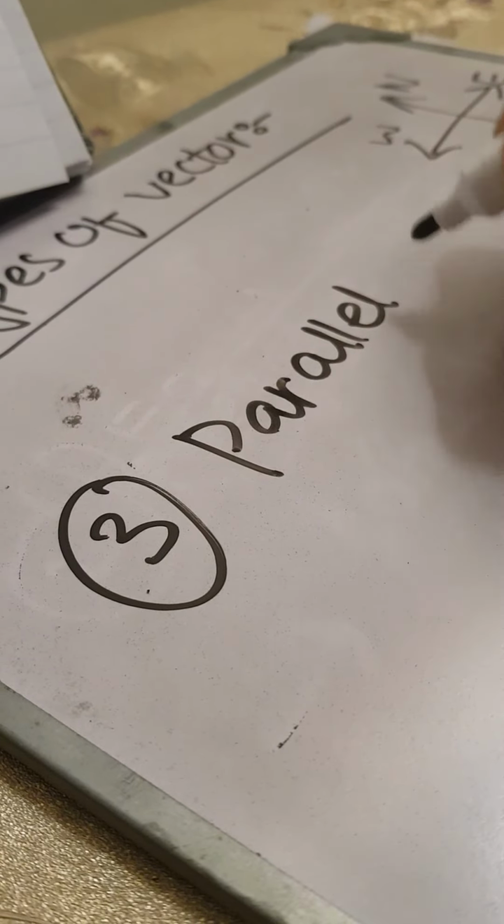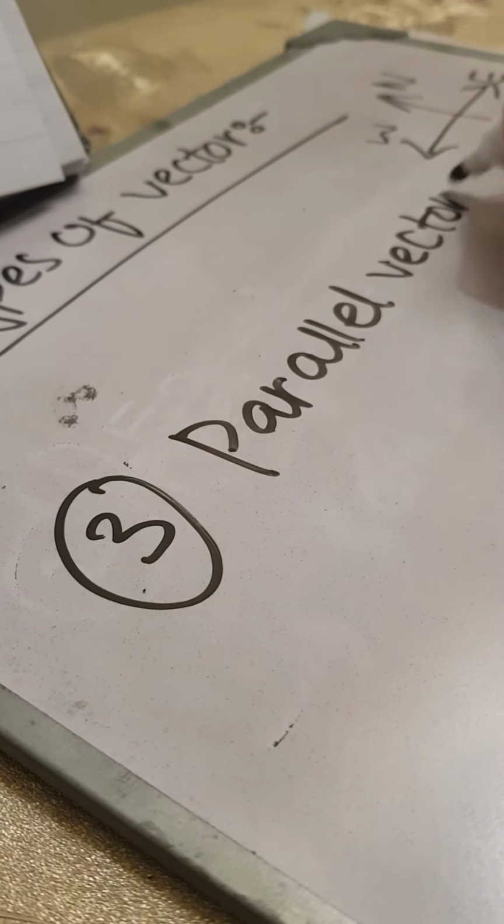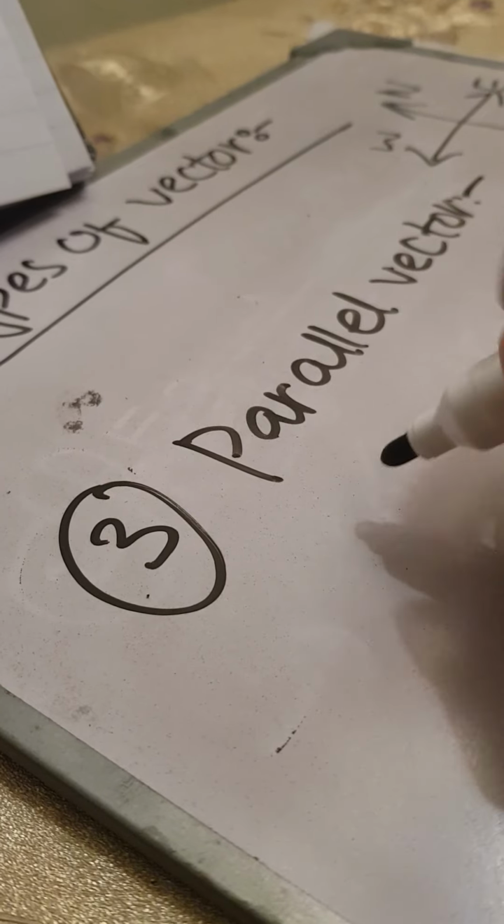Then the third type that we have is the parallel vector. So what is this?